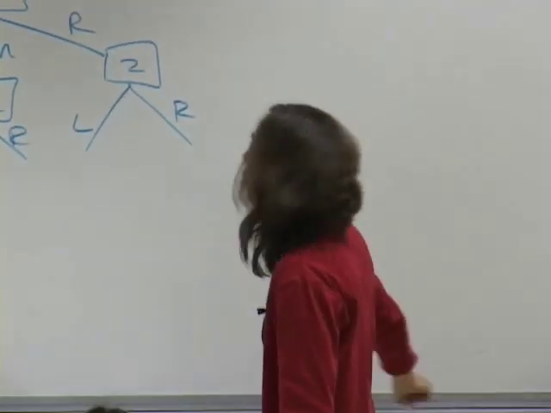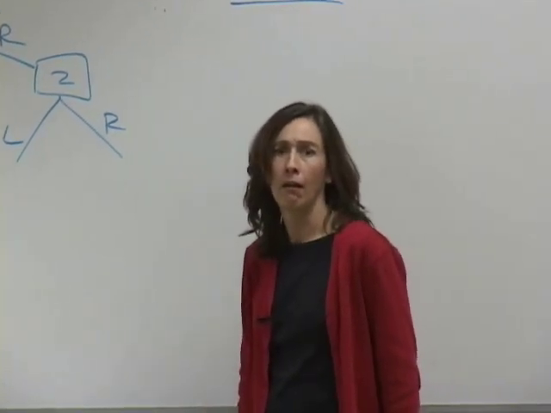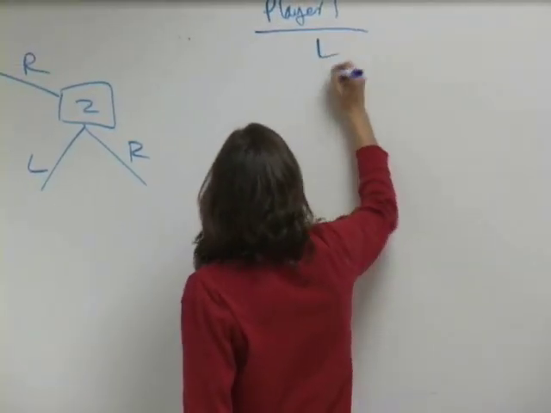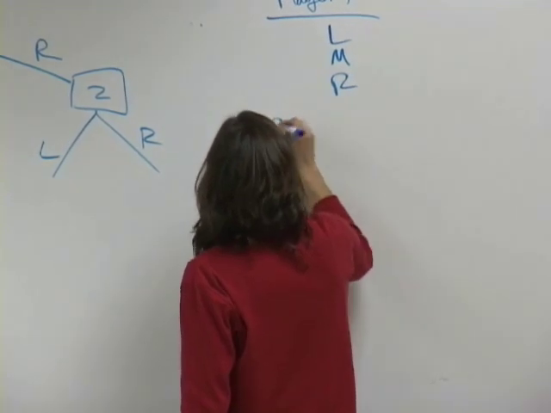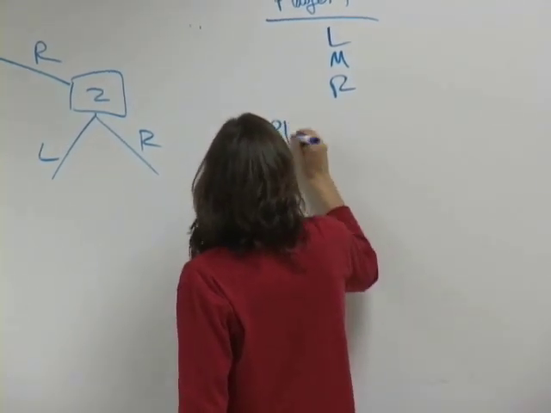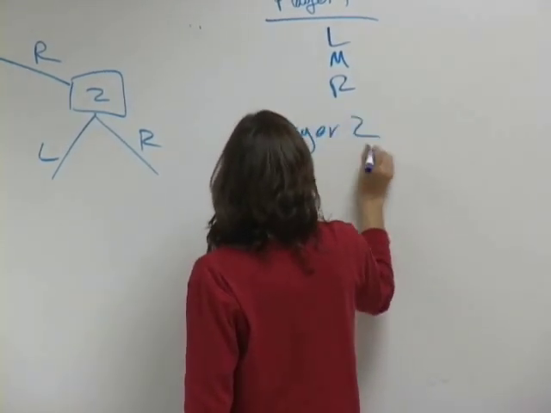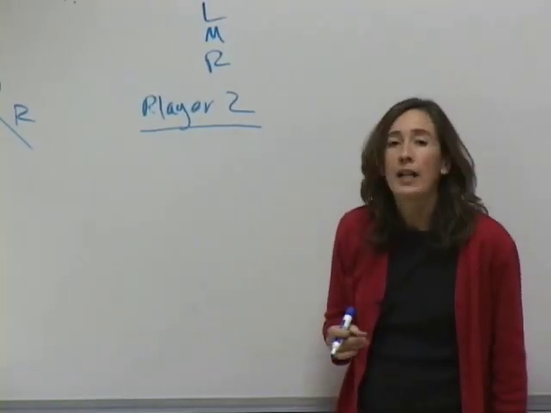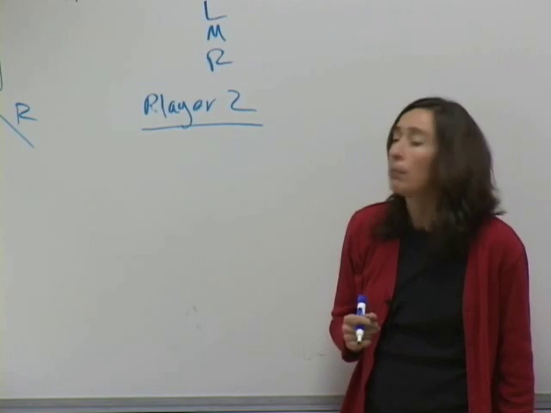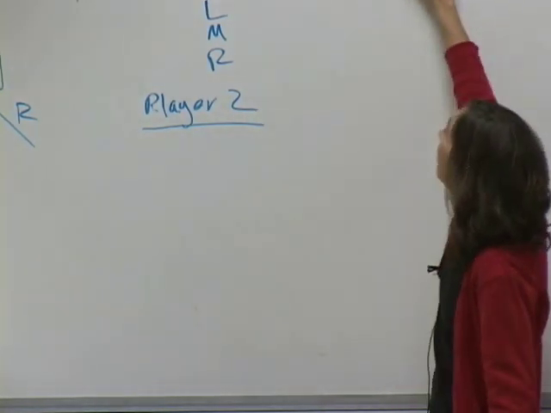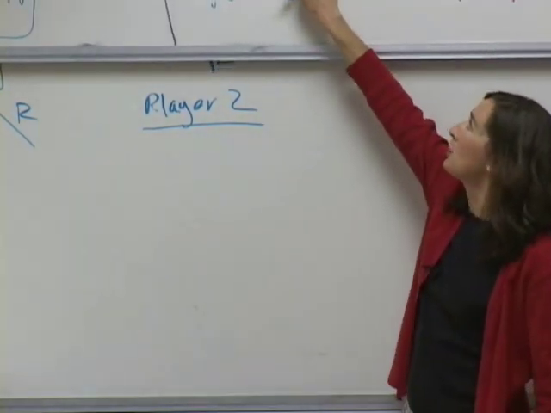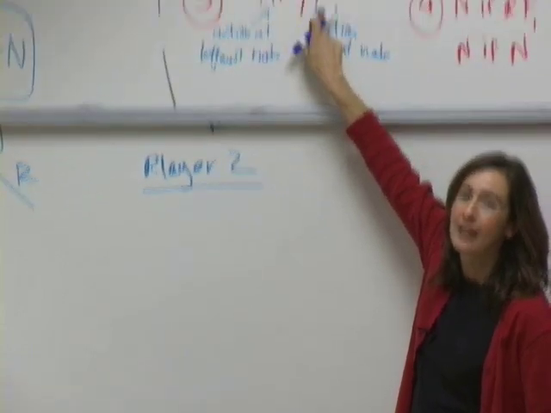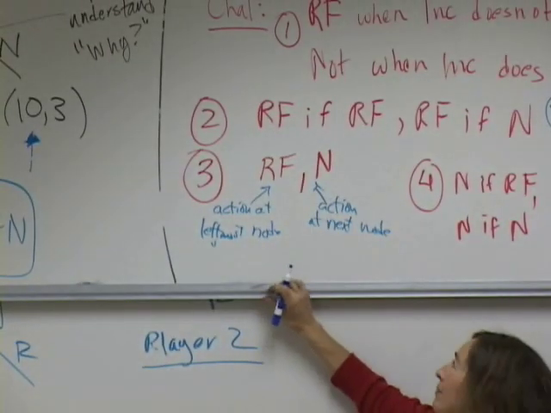Excuse me, question in the back. Three. What are they? Left, middle, and right. Okay. Player one, no problem. Player two. What is one strategy that player two could play? And as much as I don't like this format for writing down, it's okay to call it out as an answer. Okay?